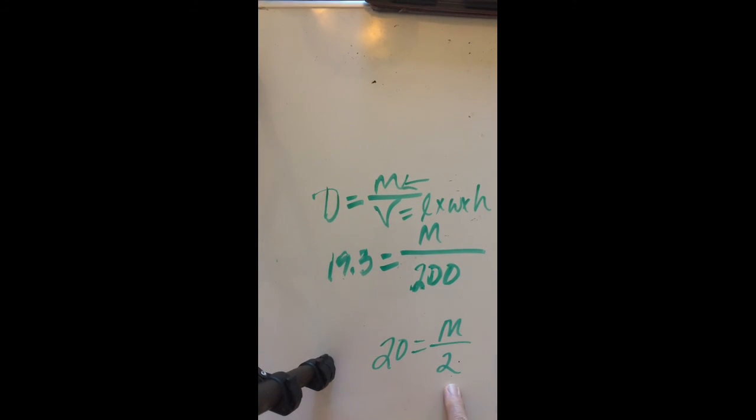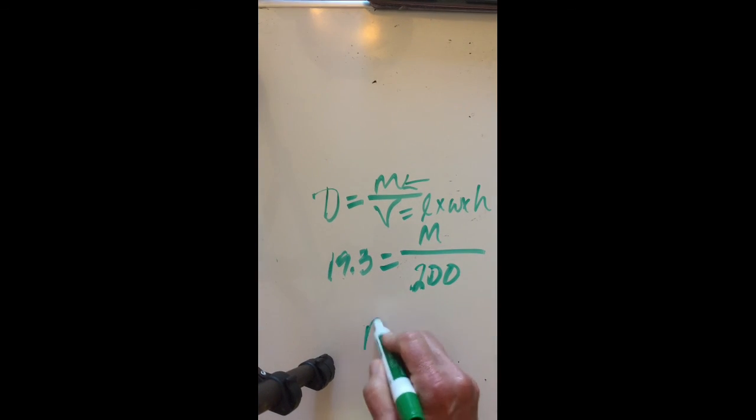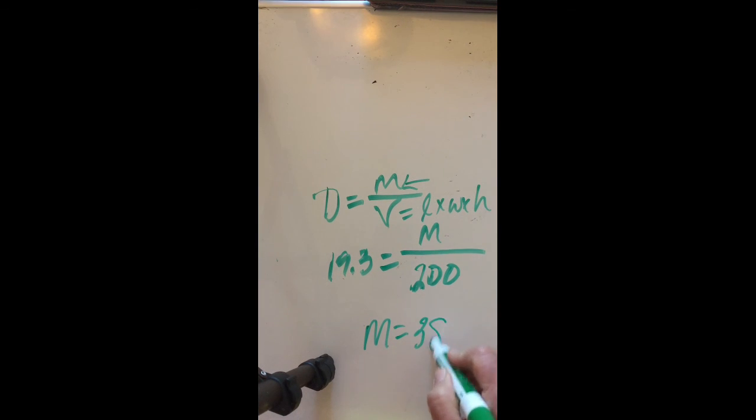You would multiply 20 times 2 to get 40. 40 divided by 2 is 20. So by multiplying this number times this number, we will get this number. So 19 3/10 times 200 is what you need to do there. And you should see that the mass is equal to 3,860.